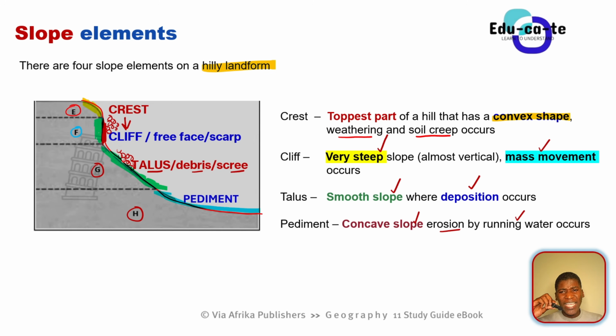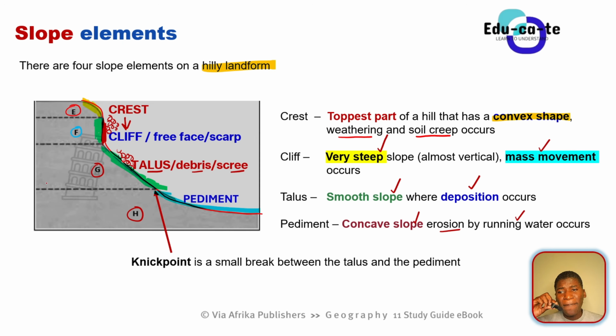And then just in between G and H, between the pediment and the talus slope, there is a little break line that is known as a nick point. So you can see that here, this is the talus, which is G, and this is the pediment, which is H. This dotted line is representing what is known as a nick point.